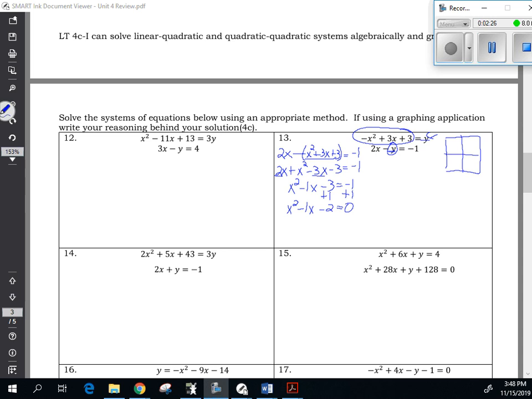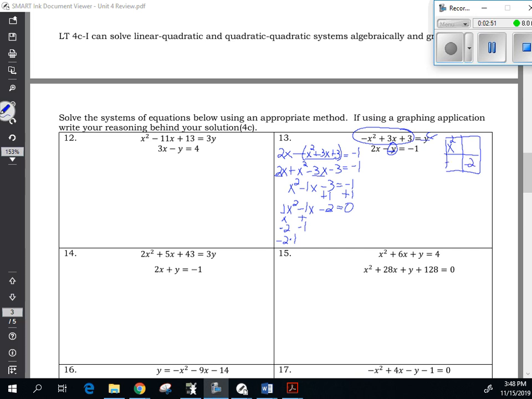So I'm looking for two numbers. I know that they multiply to be 1 times negative 2, so they multiply to be negative 2, and they add to be negative 1. I'm not going to put my calculator on this because it's very limited. 2 only has 2 factors, so that's actually going to be negative 2 times positive 1. So I go up here, I have x squared and negative 2.